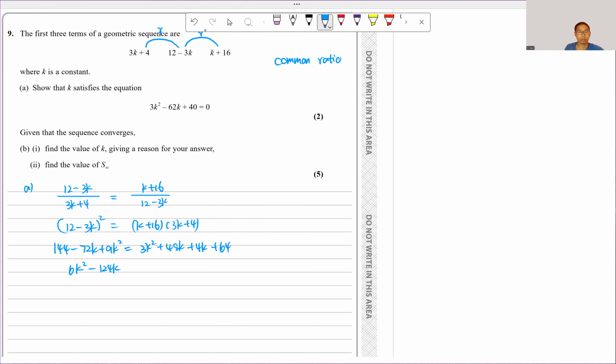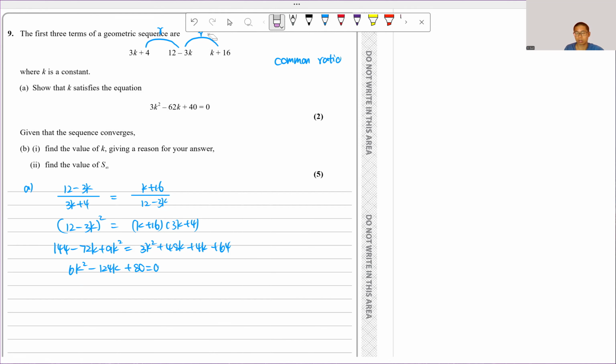And 144 minus 64, we have 80, equal to 0. Simplify this, divide by 6, we have k squared minus 124. Actually, no, it's not divisible by 6. Let's just put in the calculator.